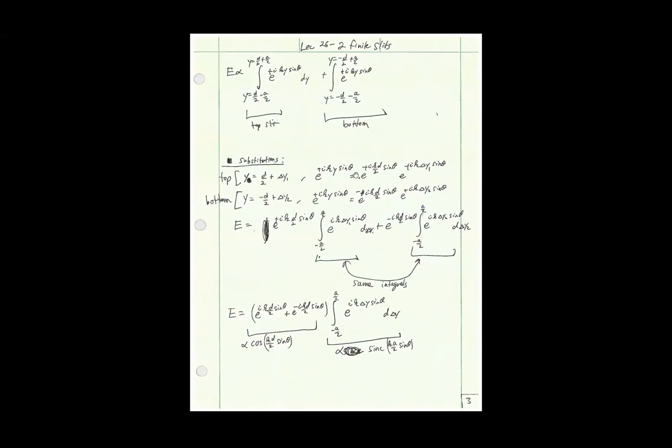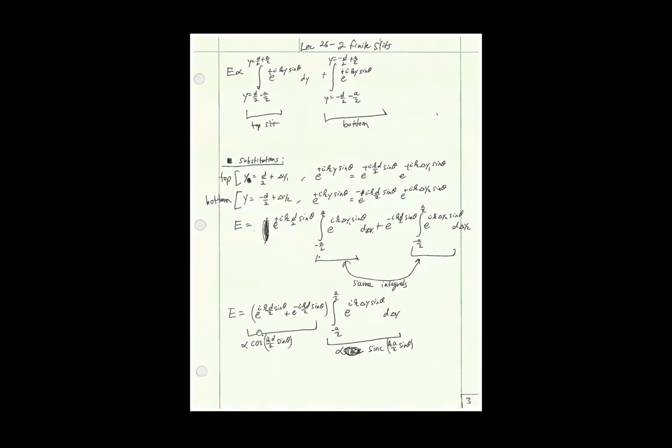And when we do that, this part doesn't depend on y, and this part doesn't depend on y, so each of these factors can be pulled outside of the integral. And we're left with two integrals where delta y has different subscripts, but delta y is multiplied by the exact same things in the exponent, and the range of integration is the same in each case.